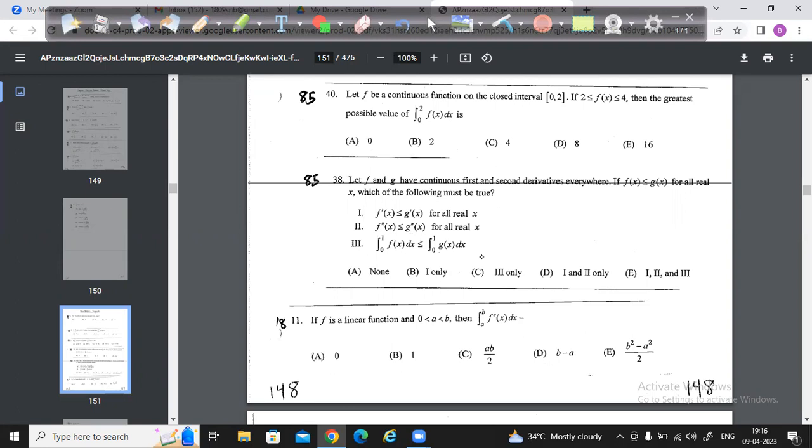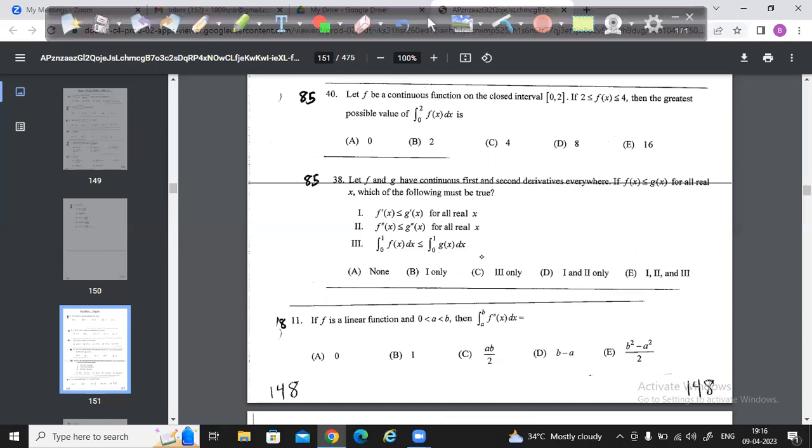If f of x is less than or equal to g of x for all real values of x, which of the following must be true? So there are two functions, f of x and g of x.